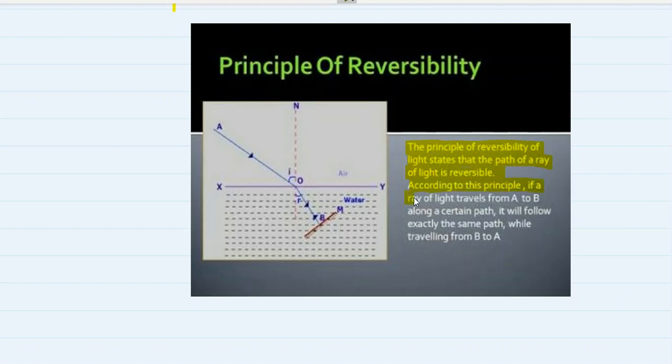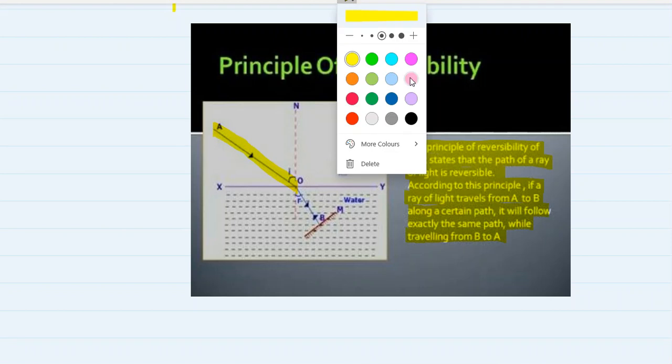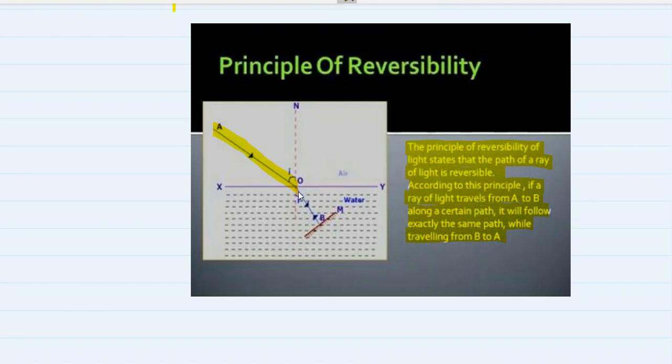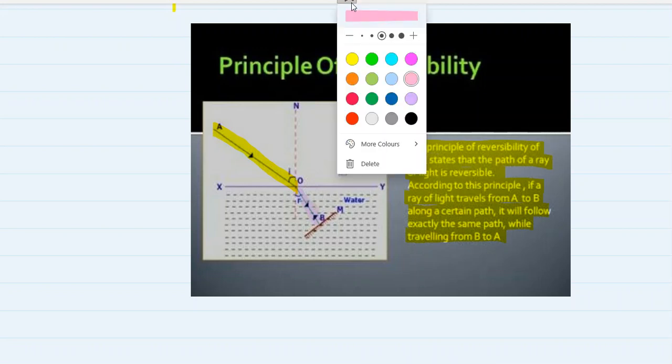According to this principle, if a ray of light travels from A to B, meaning from medium 1 to medium 2, along a certain path, it will follow exactly the same path while traveling from B to A, while returning from medium 2 to medium 1. So see here, the ray of light is entering from air into water. Okay, let me use a darker shade.